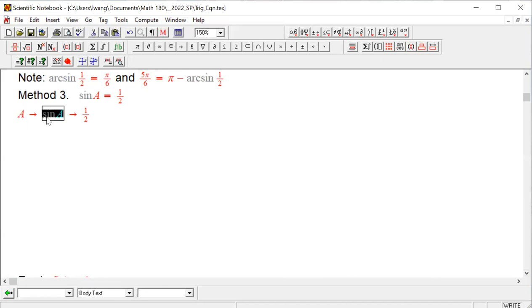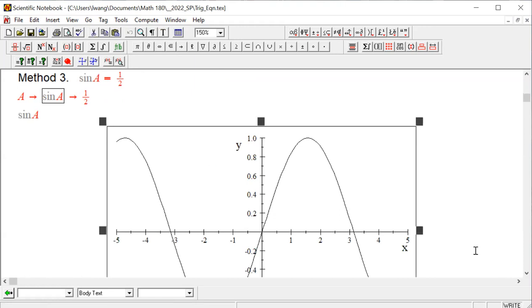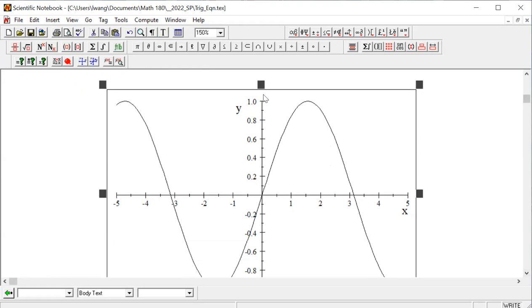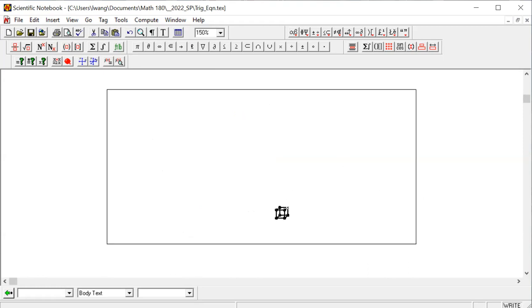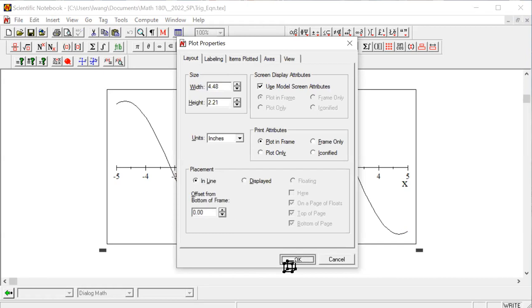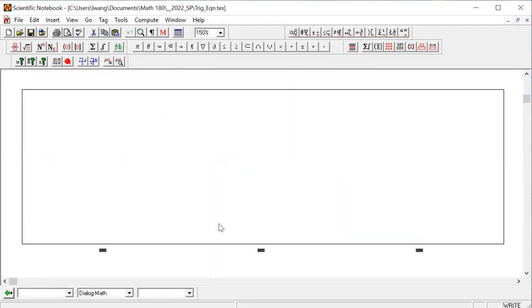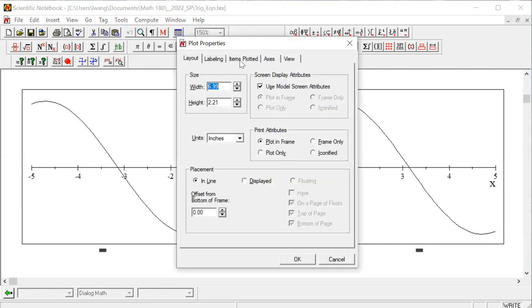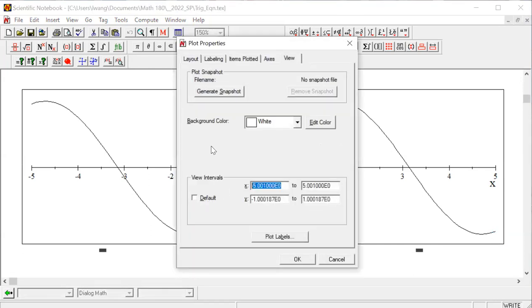We have the sine graph. So we're going to graph it. Look at that, the sine graph. I'll give you some more views, say from -7 to 7.